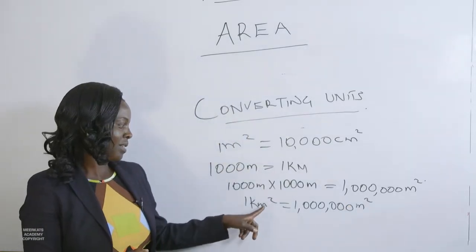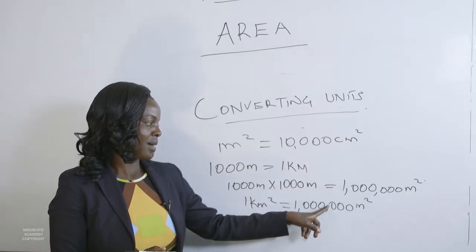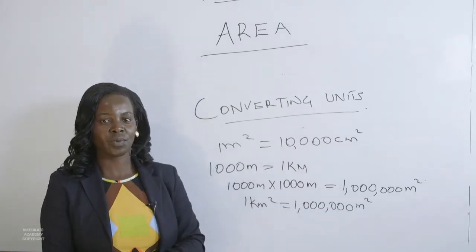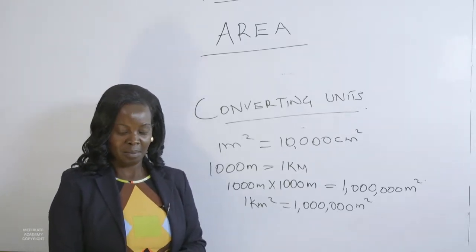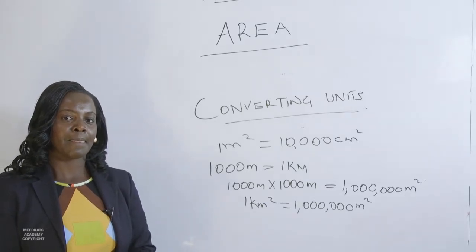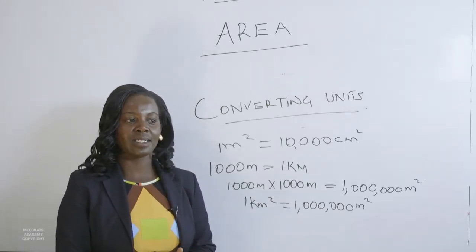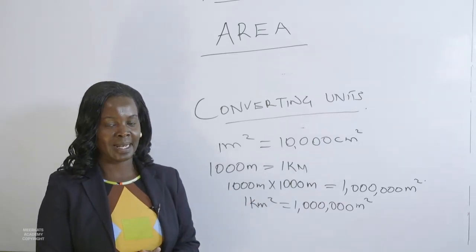Then 1 square kilometer has 1 million square meters. We have another unit that we also use to measure area, and this one is normally used to measure the amount of land, that we call a hectare.